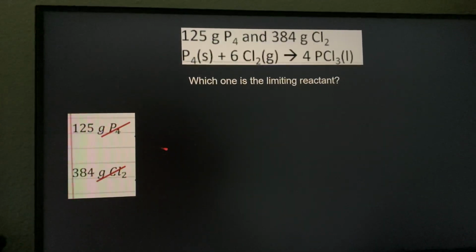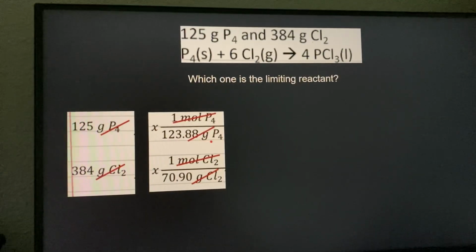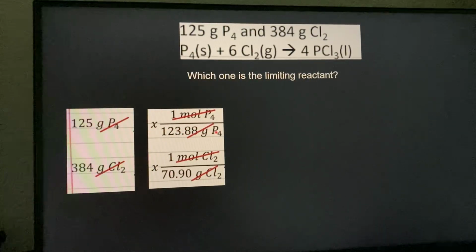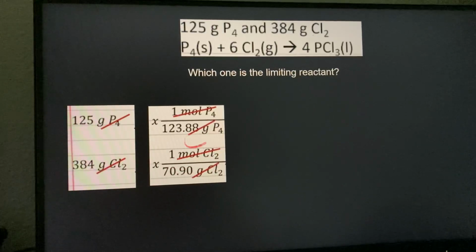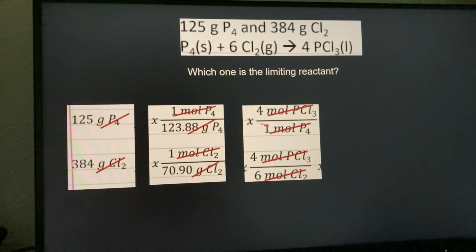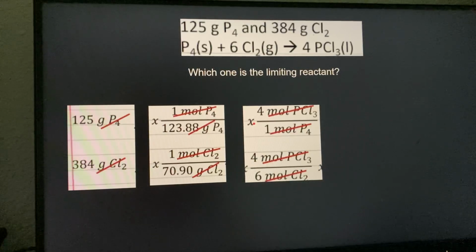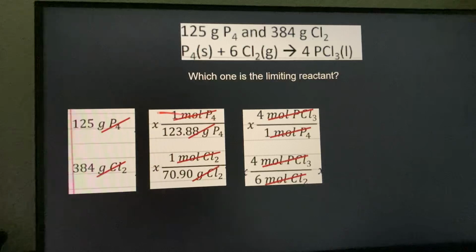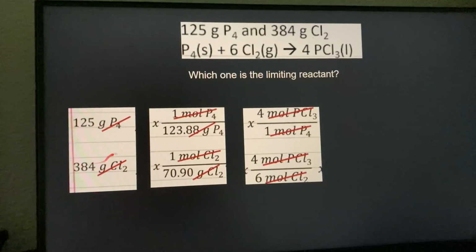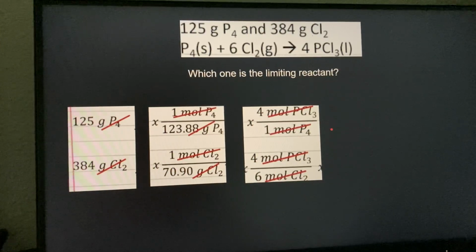If they're givens, divide by molar mass. So this mole of P4 weighs 123, and so on. Once we have moles, we're going to use the ratio, as we are trying to find how much product they can form. So we're using the given to find how much product they can form.